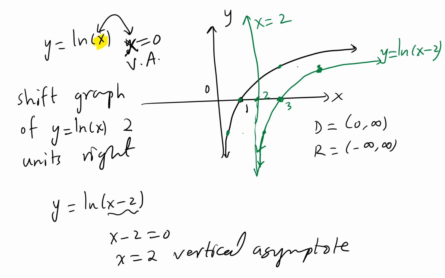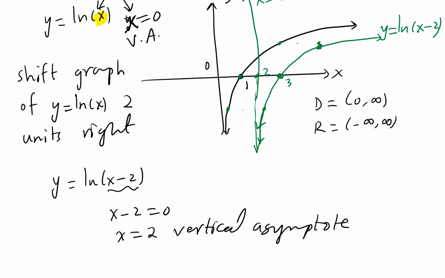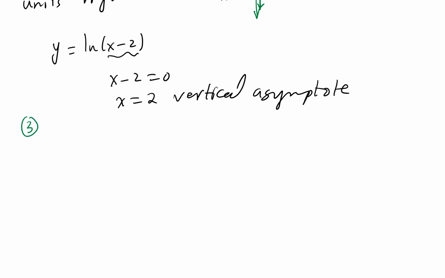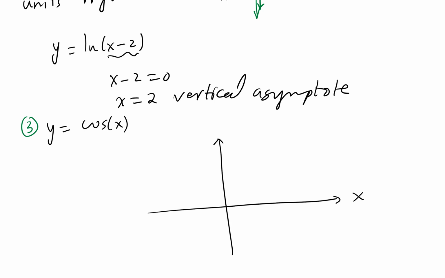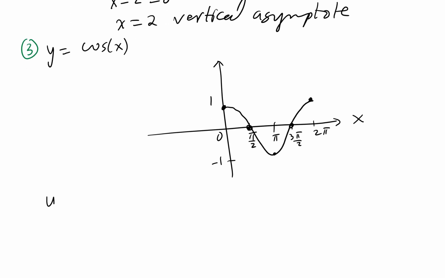Other graphs to know, let's say cosine x. Y equals cosine x. We need to know that as well. Pi over 2, 3 pi over 2, and 0. So it starts here at this point 1, then it goes down to -1, 0, then 1 again. Then how do we graph y equals 2 cosine x?